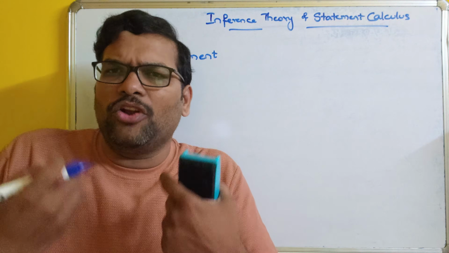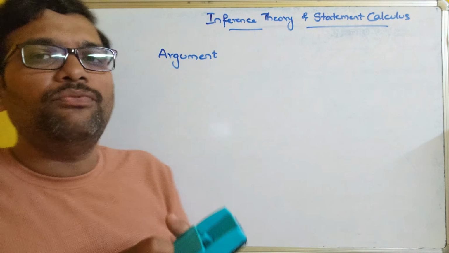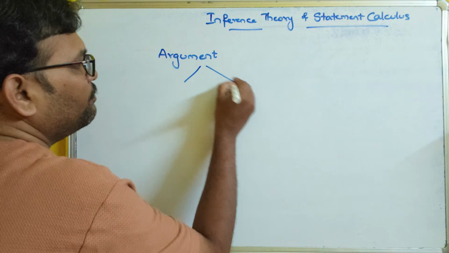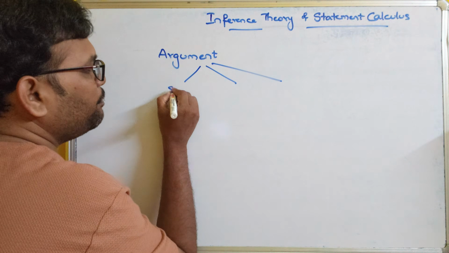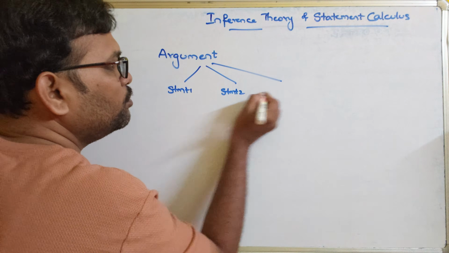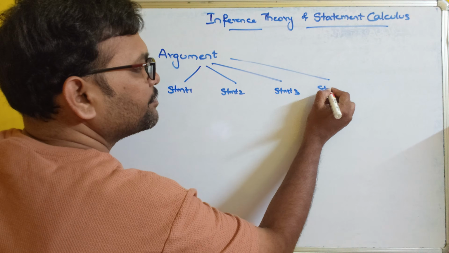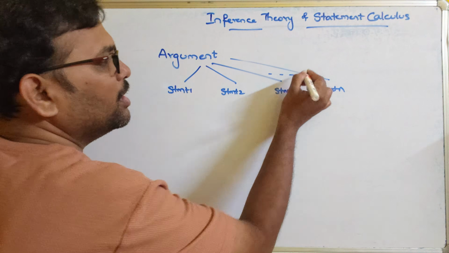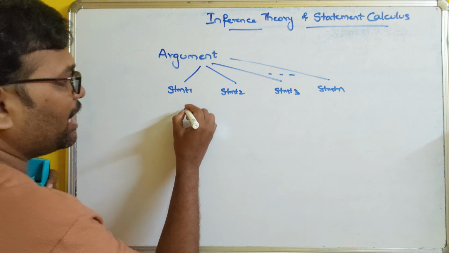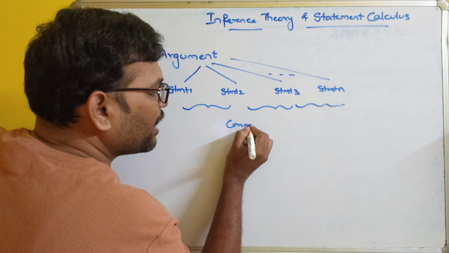In order to make you understand, we can say an argument will be some story narrated, and from this argument we'll be having statements: statement 1, statement 2, statement 3, and so on up to statement n. So there will be different statements, and we have to connect these statements using connectives.